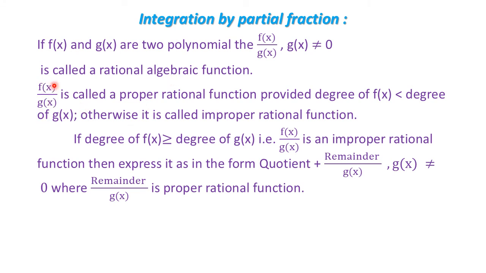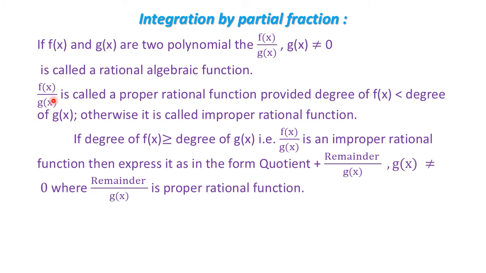Now this function f(x) by g(x) is called a proper rational function if the degree of numerator is less than the degree of denominator.